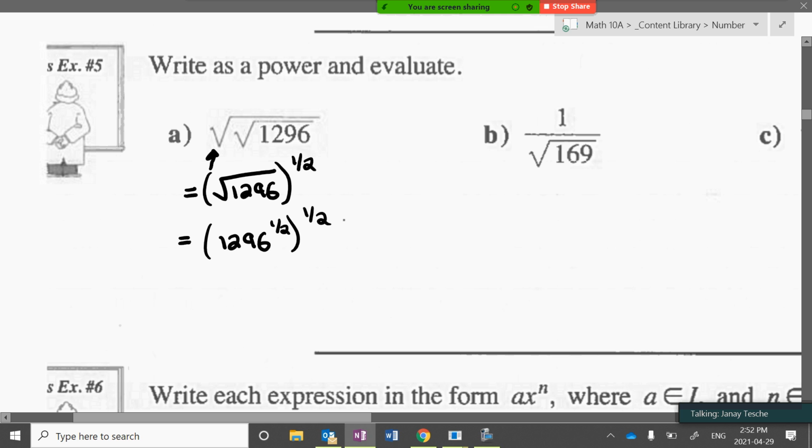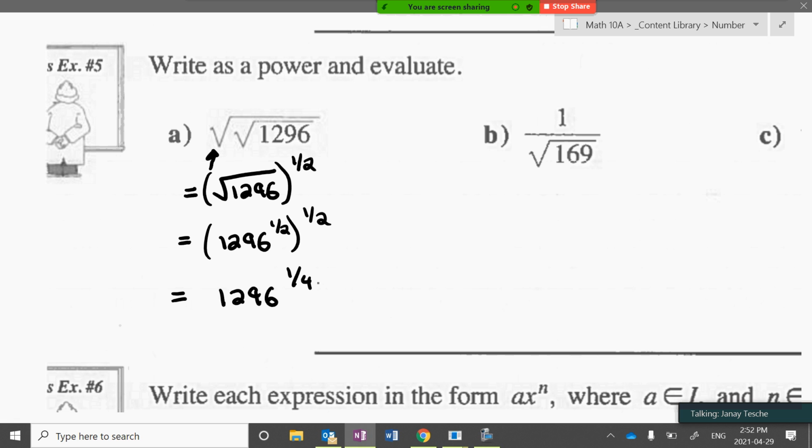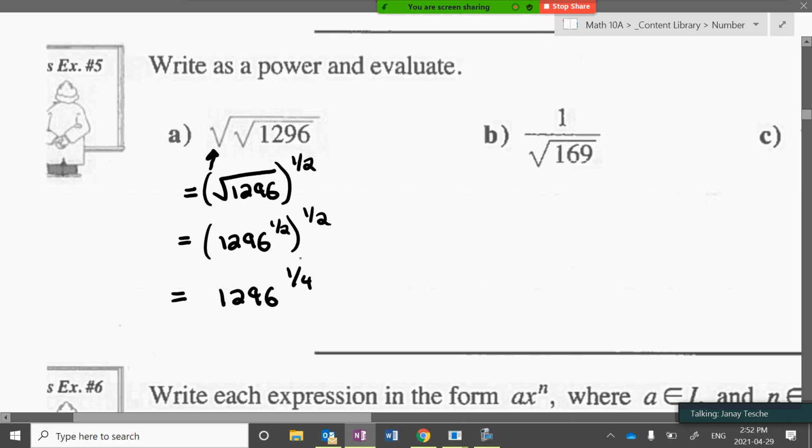So I had two roots, so I have two halves. Now I can multiply those together based on our exponent laws and get it to the power of a quarter. I would never give you this one. The fourth root of 1296 is really what this is asking, is 6. But I do not expect you to know that.